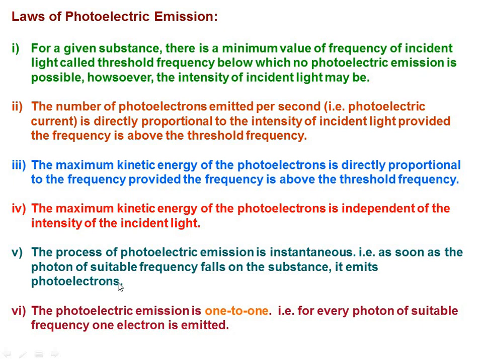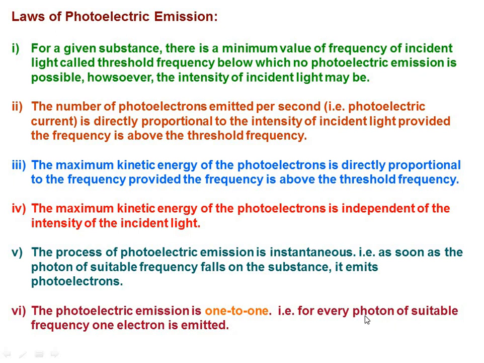Coming to the next one, photoelectric emission is one to one. That is, for every photon of suitable frequency, one electron is emitted. What do you mean by a photon? In the last class I told you, it's nothing but the energy packet, or the minimum quantity of energy in that particular light. Regarding that we will have a discussion in the next topic.